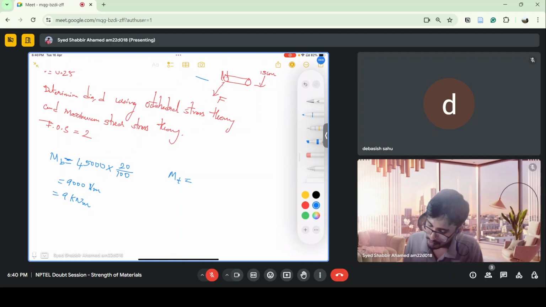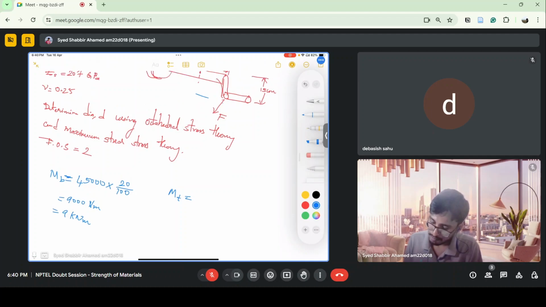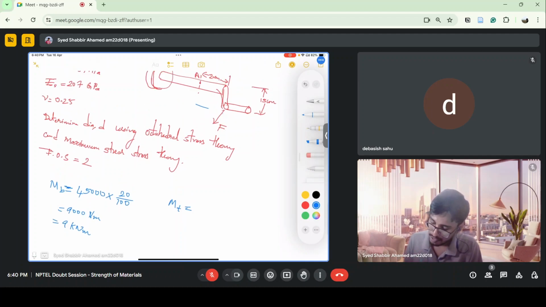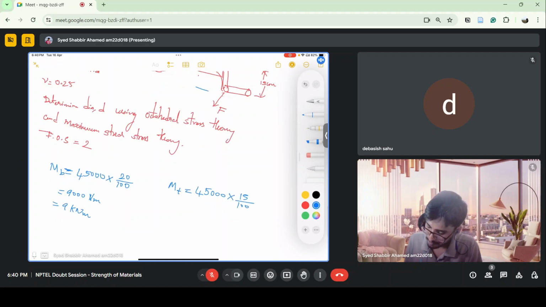Torsional moment, I'll get F into this distance 15, or you can say 45,000 newtons into 15 centimeters, which is 15 by 100. I'll get this as 6750 Newton meters or 6.75 kilonewton meter.